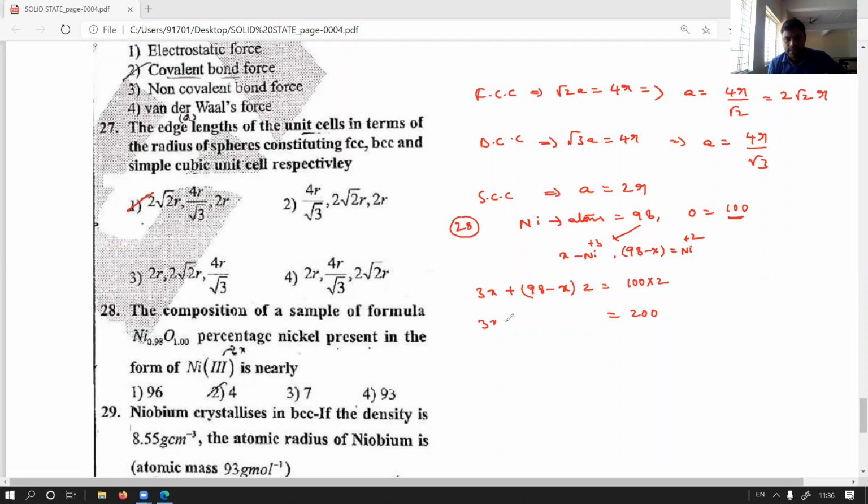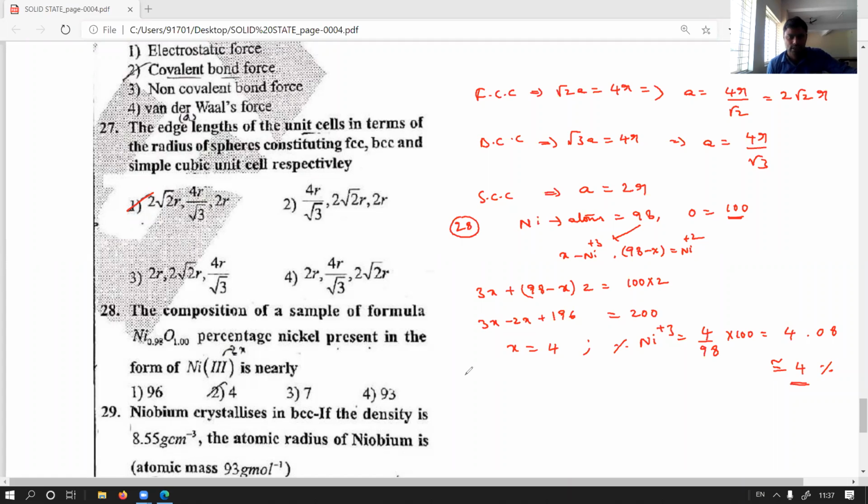Then 3x minus 2x plus 196, so x is equal to 4. Then the percentage of nickel +3 is 4 by 98 into 100, which is approximately 4.08, nothing but 4%. The same way as the 23rd question.